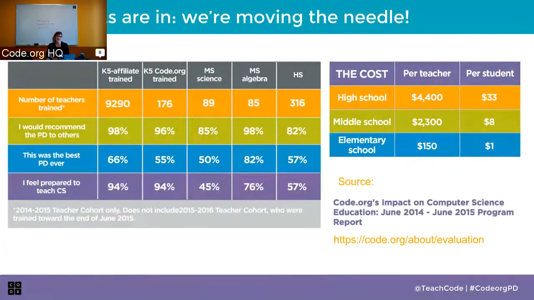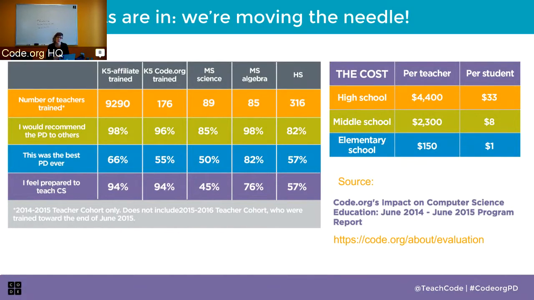Before we dive into tonight's agenda, I just wanted to call your attention to the fact that code.org recently released the results of our 2014-2015 program evaluation. For the past year, actually longer than a year, since the beginning of code.org, we've been studying our impact and the results of our programs.